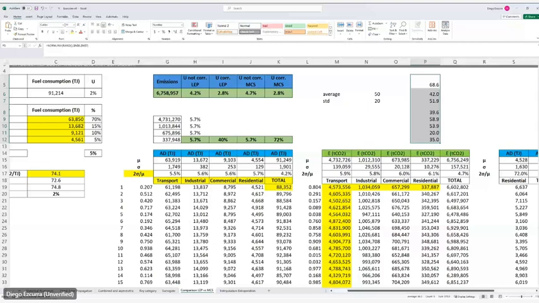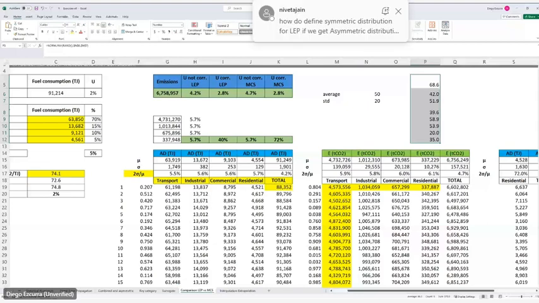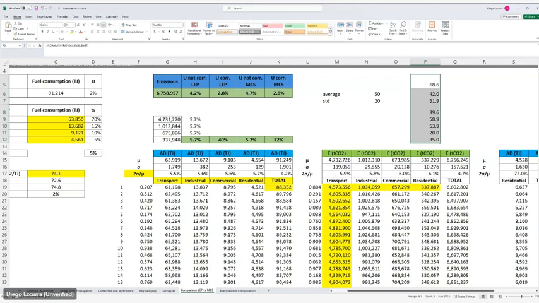I'm not sure if you followed me, but if you are using commercial software, I suggest you go to the help menu and read how each of the probability density functions is defined for that particular software.